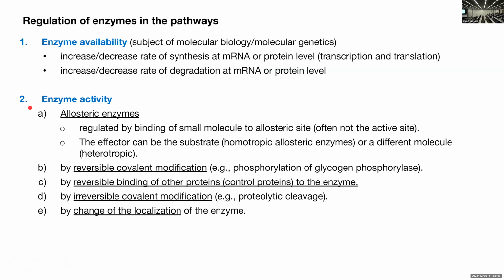But regulating the enzyme activity is a more sophisticated or versatile method for the cells to regulate the enzymatic reactions. So there were different types of them, including allosteric enzymes, as well as reversible and irreversible covalent modifications, and so on.